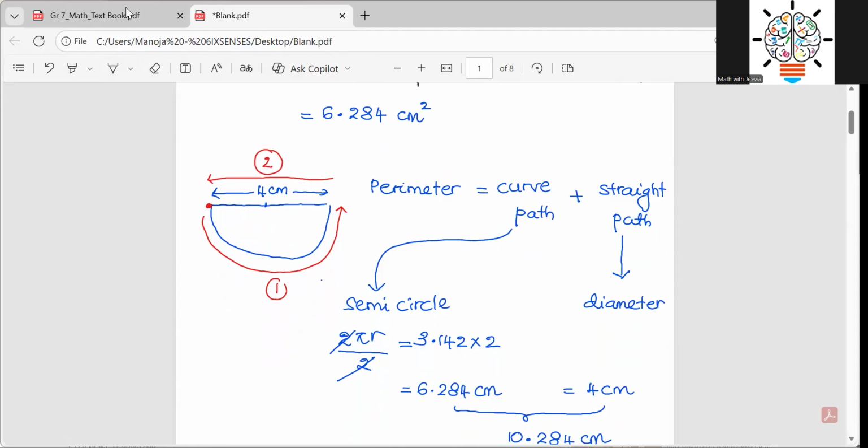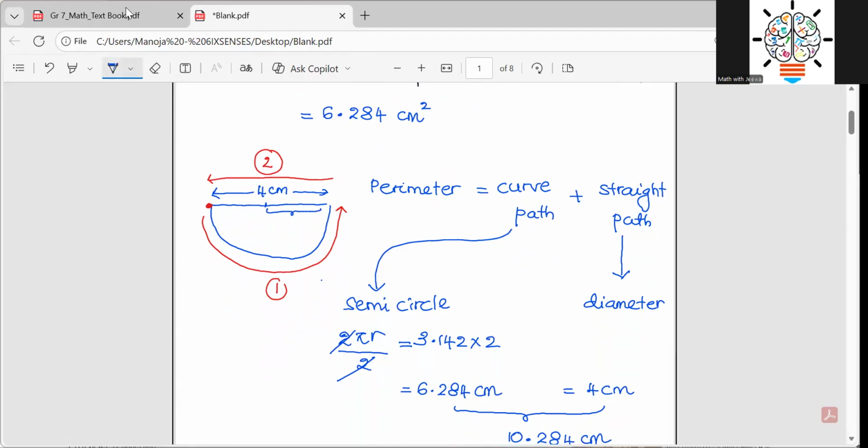The curve path is a semicircle. How to find the perimeter of a full circle? It is 2 pi r. As this is a semicircle, you divide this by 2. 2 and 2 you cancel. Pi times r, 3.142 times r. That here you want to mark. So this is the r value.